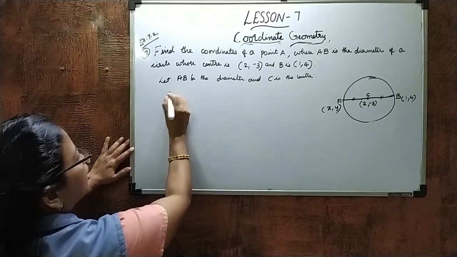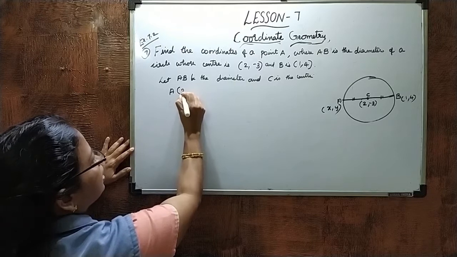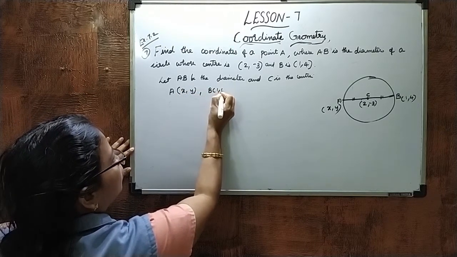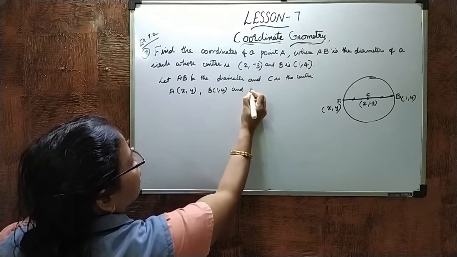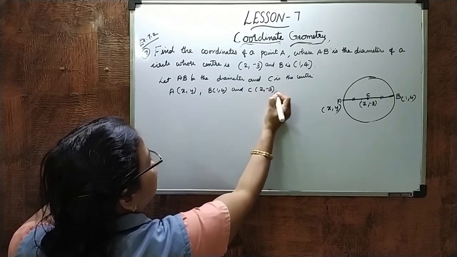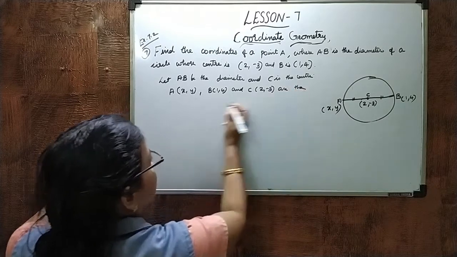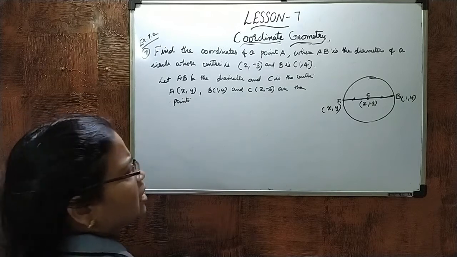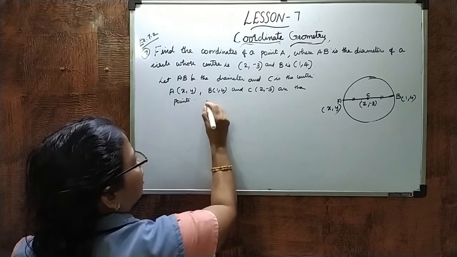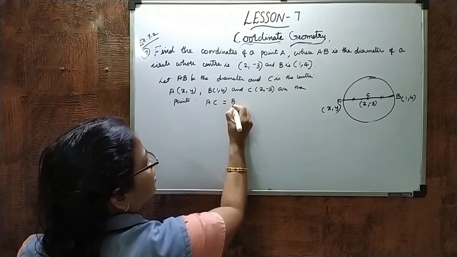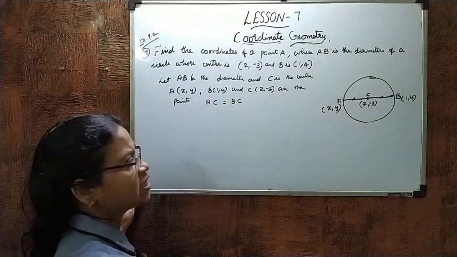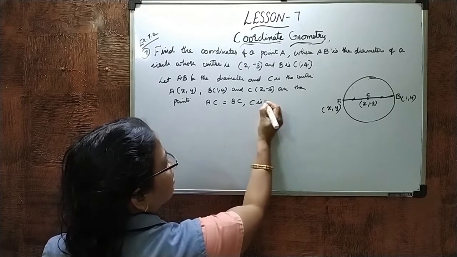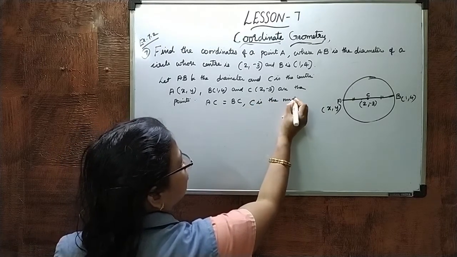And then the coordinates are A x, y, then B 1, 4 and C 2, negative 3 are the points. Then what is the next one? AC equals BC, right? What is the reason? It is a radius, and radius will be equal. Therefore, what we can say? C is the midpoint.